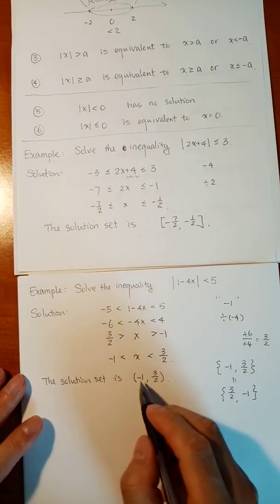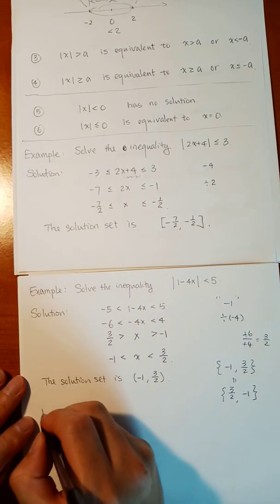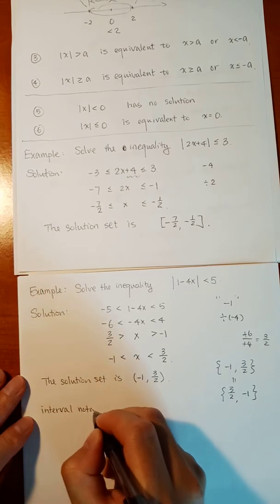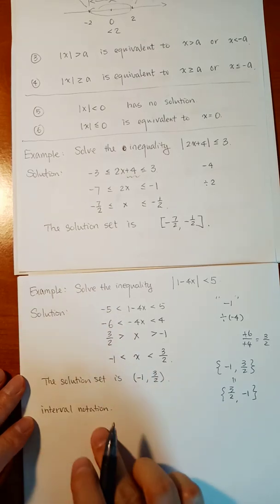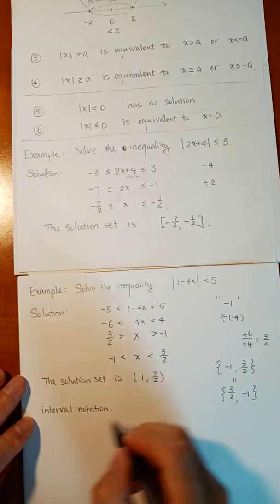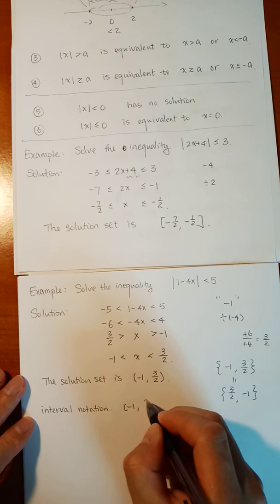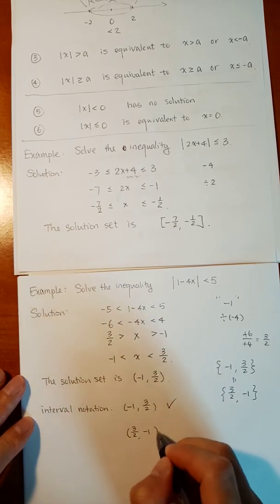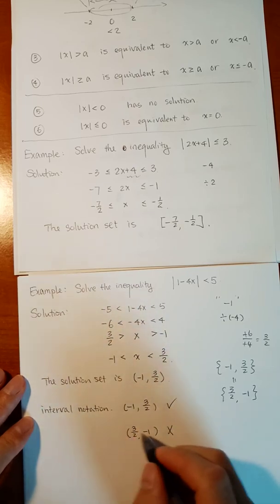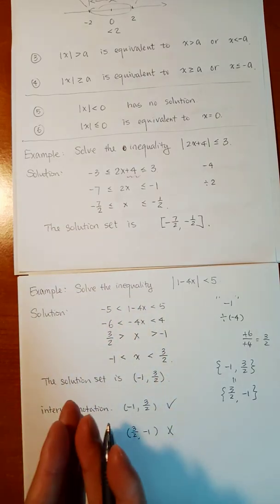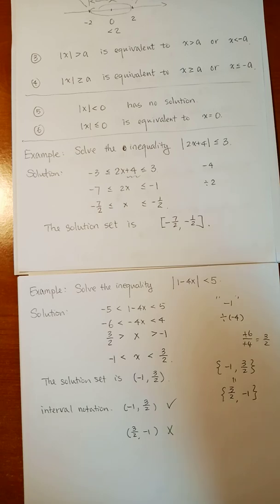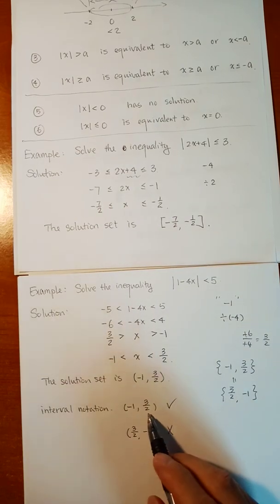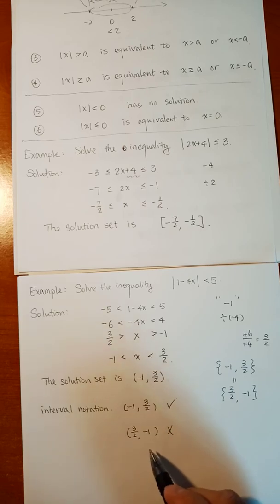But if you use interval notation, (-1, 3/2) is correct, (3/2, -1) is wrong. We don't have such an interval. An interval is always from the smaller number to the larger number. So be careful about the writing. This one is the right one. This one does not make sense.